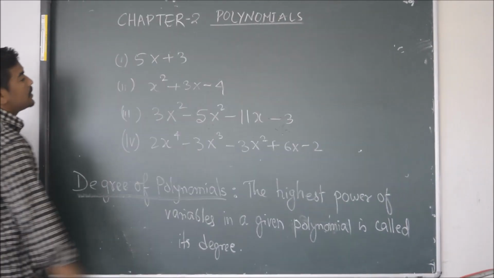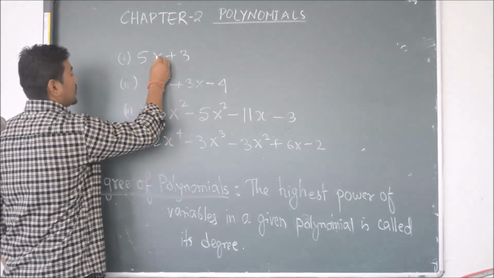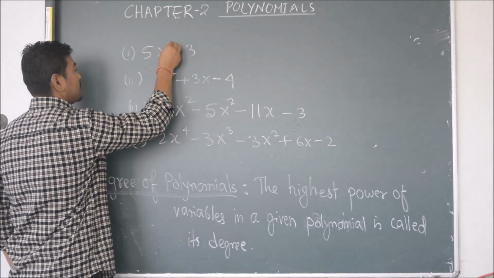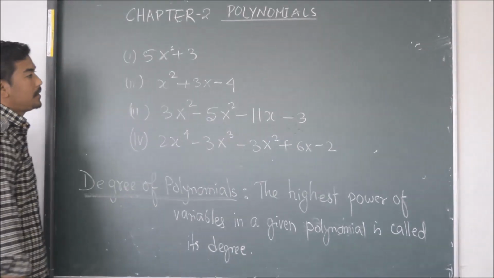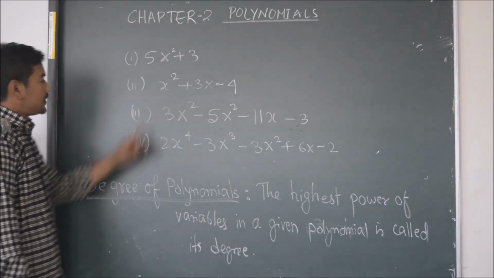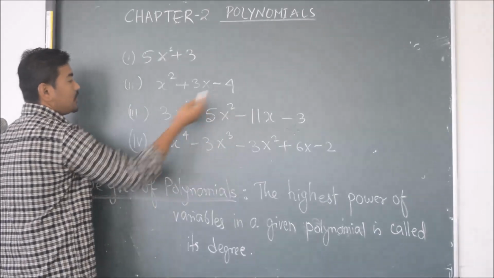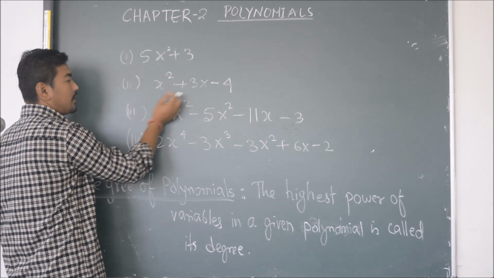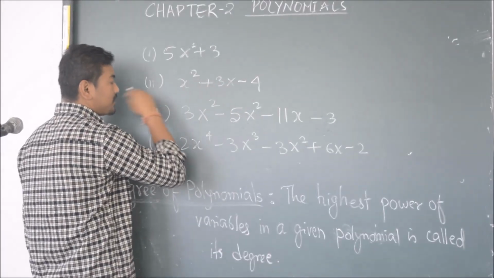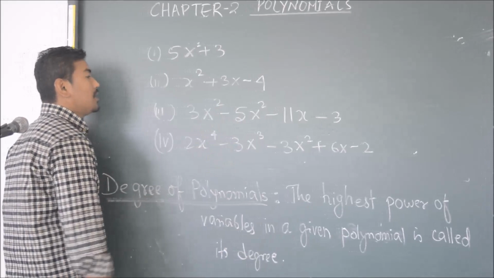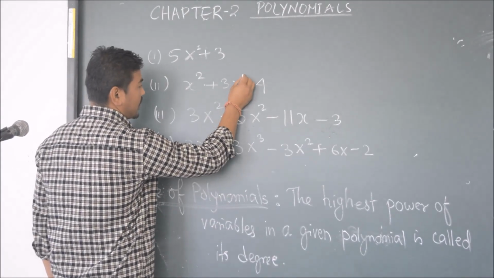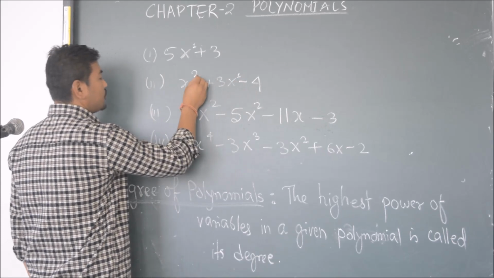Now if you see the first one, here what is the power of x? That is 1. If you see the second one, actually x appears 2 times, here x square and 3x, that is the variable is repeating 2 times, but it doesn't make any difference. We should look at the power. So the power of x is here 1, here 2.